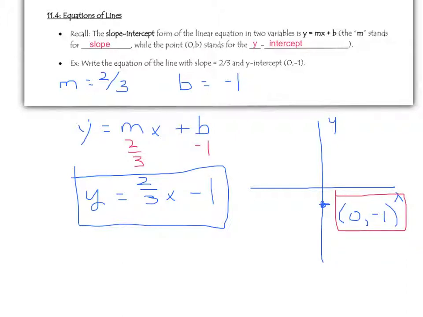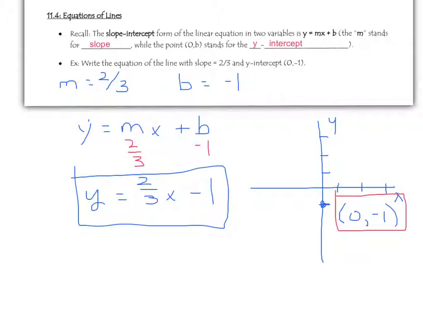Okay, and let's just go ahead for fun and graph this line. We're going to draw in a few more points. Here's 1, 2, 3, and here's 1, 2, 3. So we start with the point (0, -1), because we're told that it crosses the y-axis at -1.